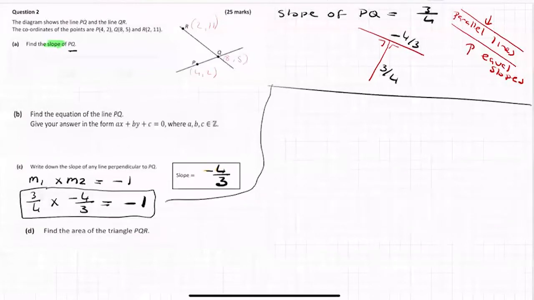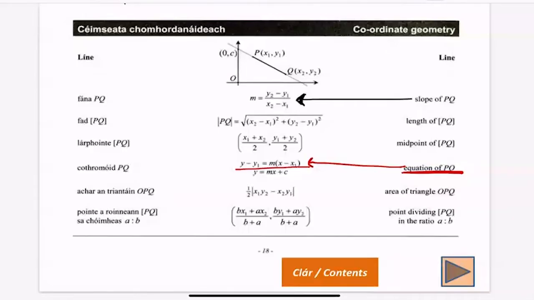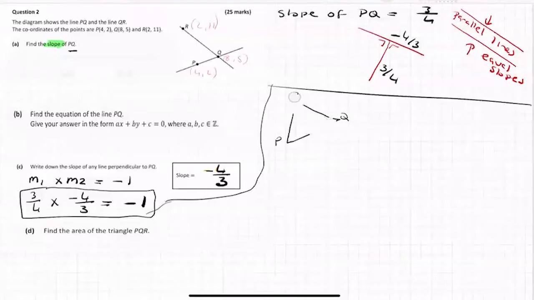So then part D, find the area of the triangle PQR. So PQR as such. And I'm told to find the area of it. If we go to the log tables, you can see that we do have a formula, which is a half (x1 y2 minus x2 y1).